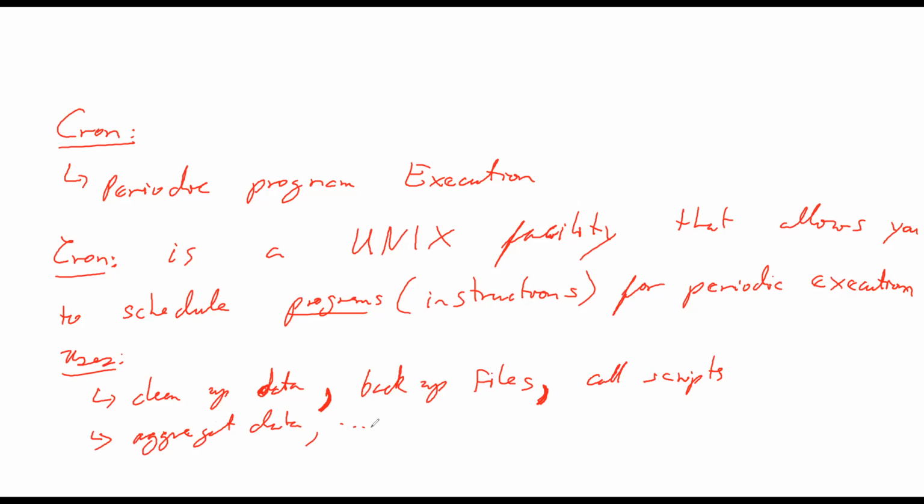Now, cron is basically a daemon. We'll need to define this term. It's already in your slides, but at some point we'll define it. Basically, it's just a program that runs in the background on your server, much like when you run a script on the terminal, except here it's not associated with a terminal.